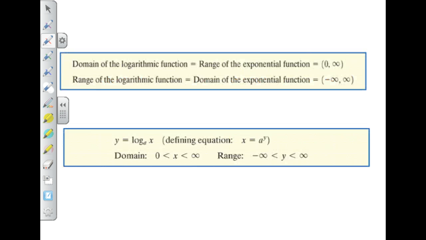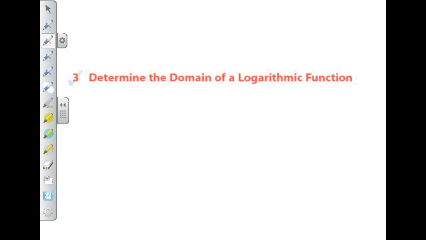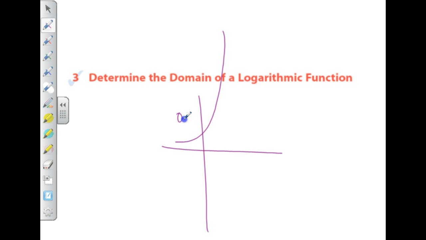The domain of a log function. We've already graphed exponential functions, but we know exponential functions go through the point 0, 1. So here's your exponential with your asymptote at y equals 0. Well, logs are the inverse of exponents, just like addition undoes subtraction, multiplication undoes division. Logs will help us to solve for exponents.